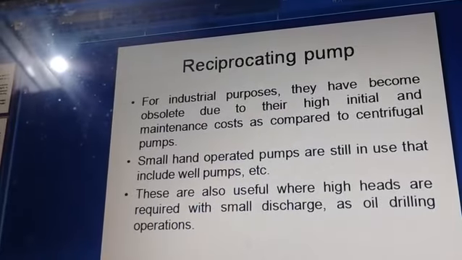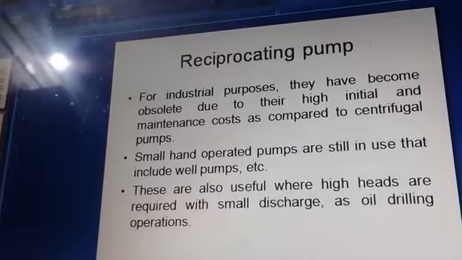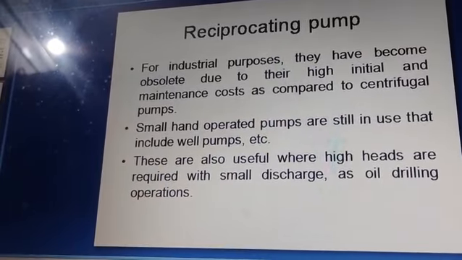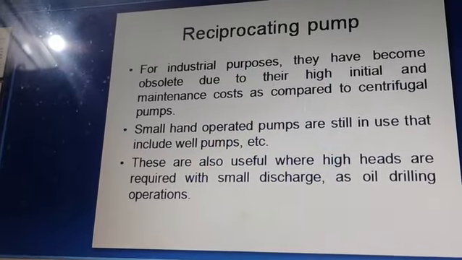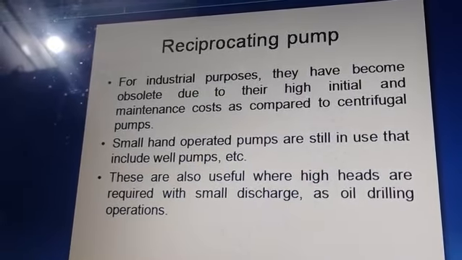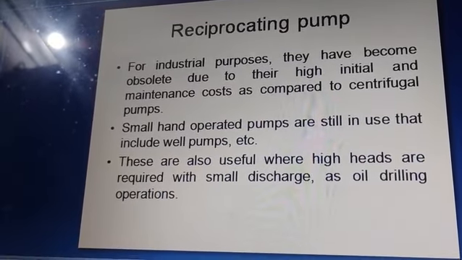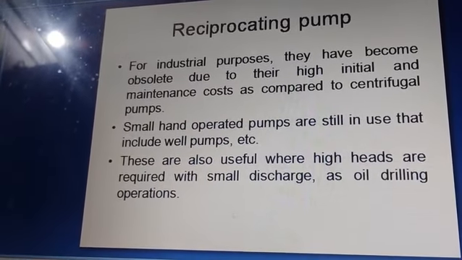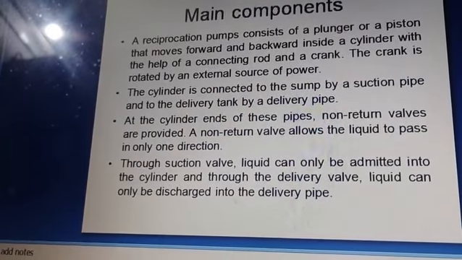For industrial purposes, they have become obsolete due to their high initial and maintenance costs as compared to centrifugal pumps. Small hand-operated pumps, such as well pumps, are still in use. These are also useful where high heads are required with small discharge, as in oil drilling operations.